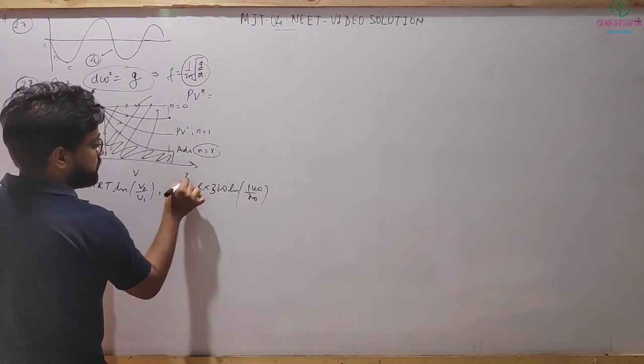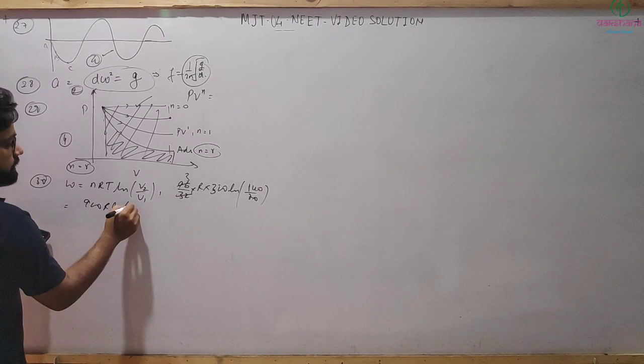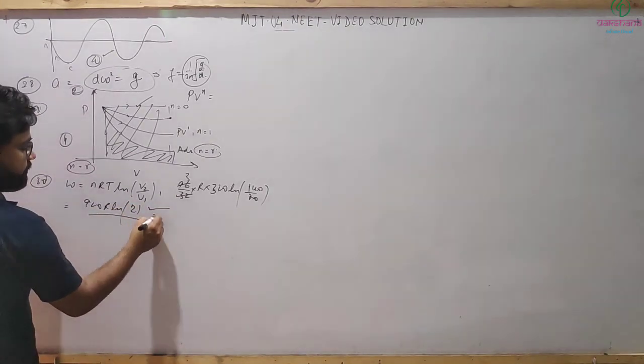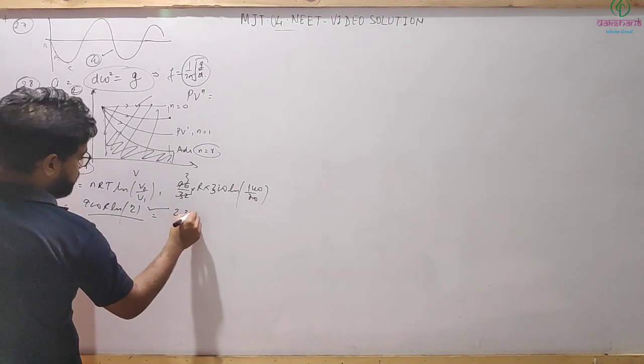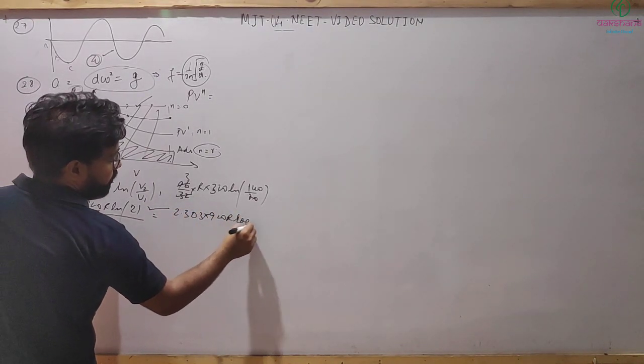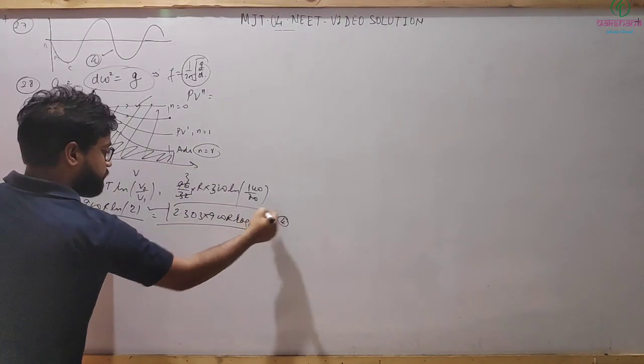This is coming out to be 900 R ln 2 is the answer. If we are converting into log, so 2.303 into 900 R into log of 2 base 10. This is the answer, matching with option number 4.